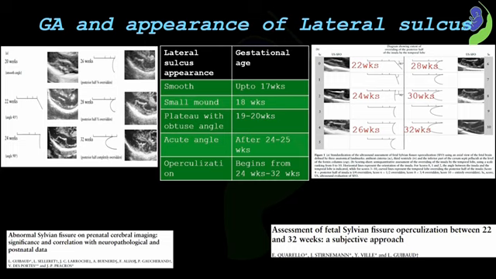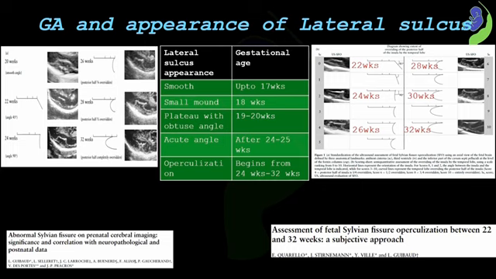Now let us see the appearance of the lateral sulcus according to the gestation age. Up to 17 weeks of gestation, the fetal brain surface is almost completely smooth.